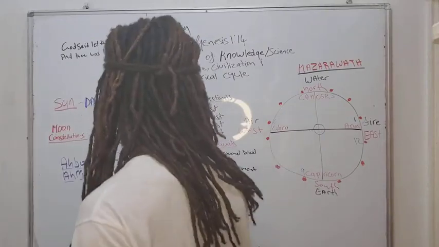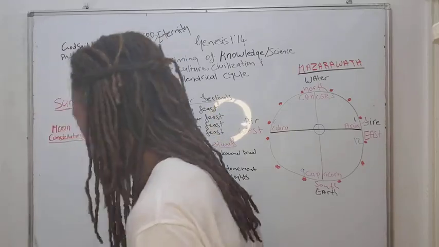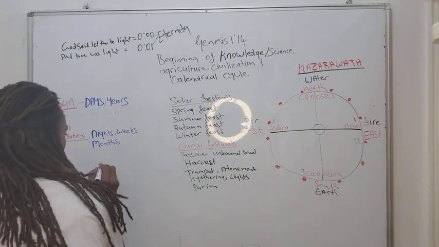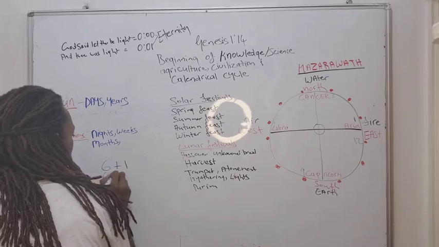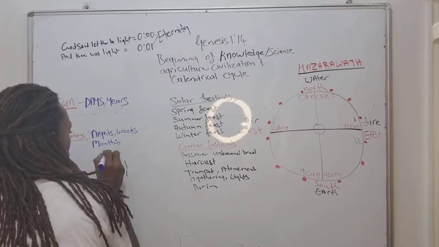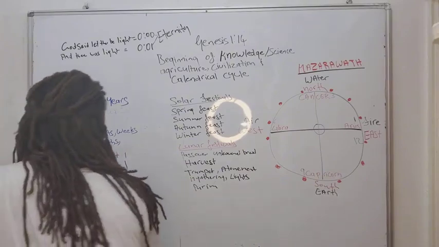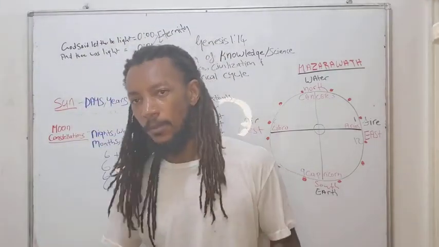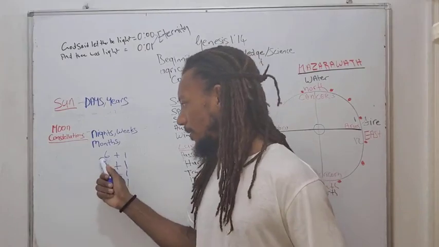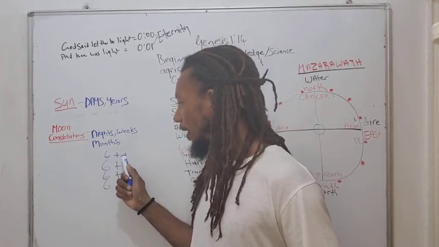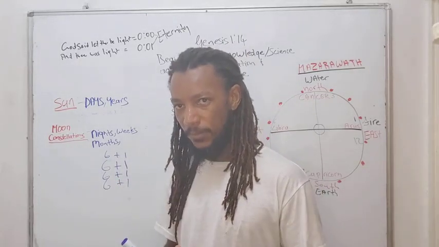Okay, let's put it here. So we're seeing that a week is 6 work days plus a Sabbath. That is a week, right?